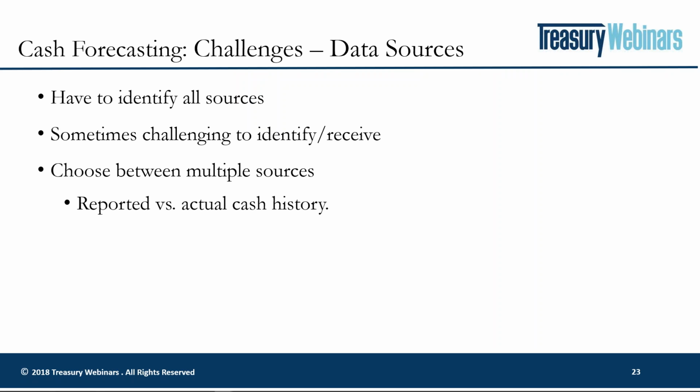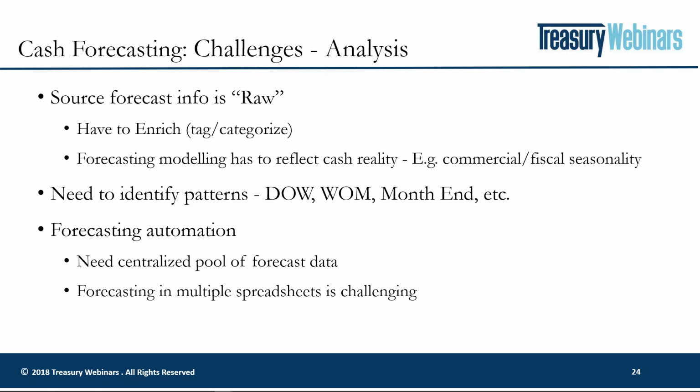But for other items like your AR or your AP, that's where you might want to explore different options. You might want to take a look at the AR, the AP agings. You might want to take a look at your sales forecast, and you may even want to run multiple models that essentially tries to give you a better sense of which forecasting methodology you should look at going forward for those specific line items. Switching over to the next slide.